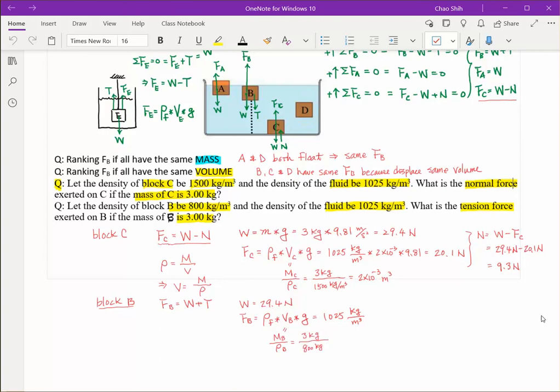And then you can find out what this one is going to be. So that will be 3.75 times 10 to the negative 3 meter cubed. So we multiply this with 9.81. Then you got the buoyancy force in this case, and that turns out to be 37.7.